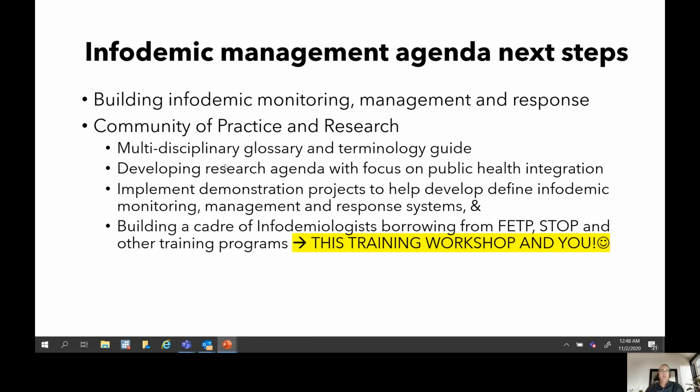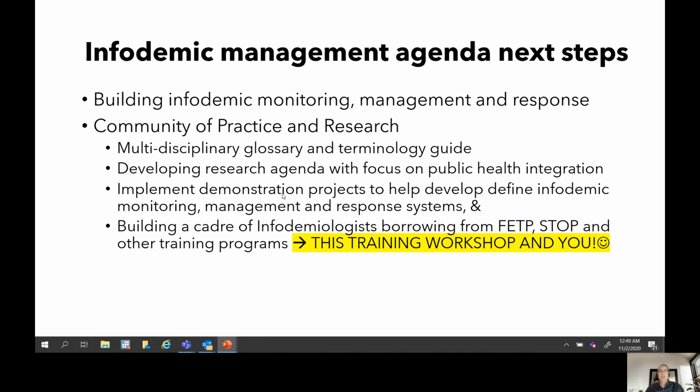It's like we're all learning the language of infodemiology through our own lens and whatever technical background we have. Developing a research agenda with a focus on public health integration is really crucial. How do we cross that bridge between just looking at misinformation and really connect it into a more sophisticated research framework, to its impact on disease outcomes, for example, or morbidity or mortality, and the crucial role that the behavioral sciences play in that regard.